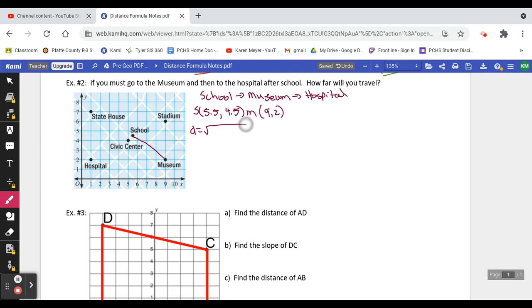So distance formula, subtract the x's. So 9 minus 5.5 squared, plus subtract the y's. So 2 minus 4.5 squared. So then I get 3.5 squared plus negative 2.5 squared.